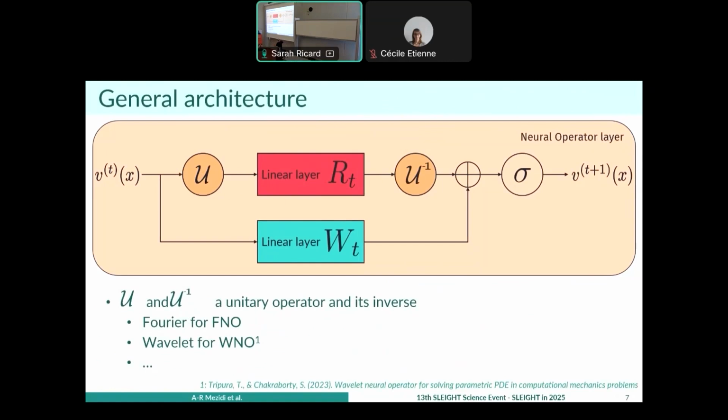We can generalize this architecture by replacing F and F-1 by U and U-1, which are just a unitary operator and its inverse. For example, if we use Fourier, then we have the Fourier neural operators. And if we use the wavelet transform, then we have the wavelet neural operator.